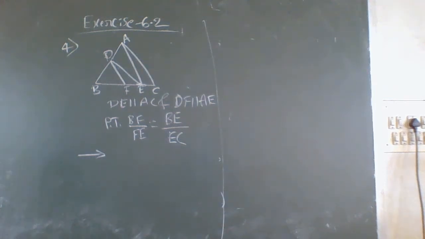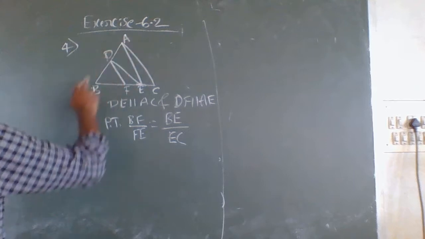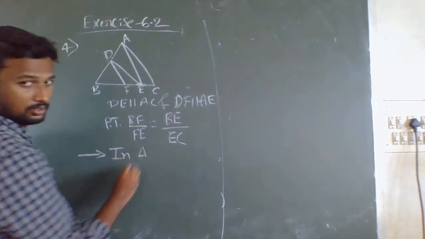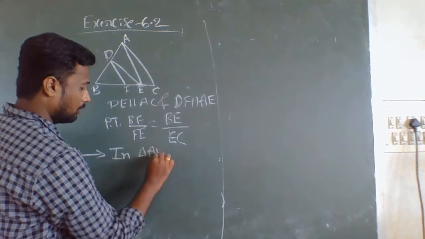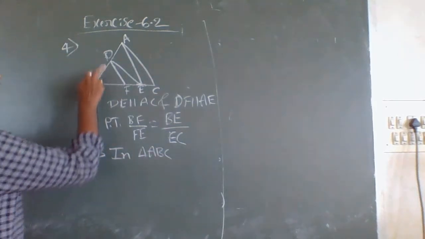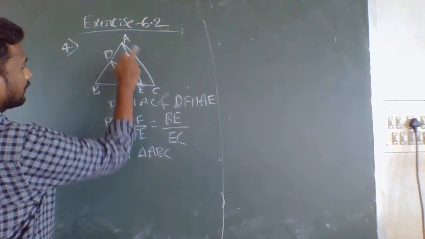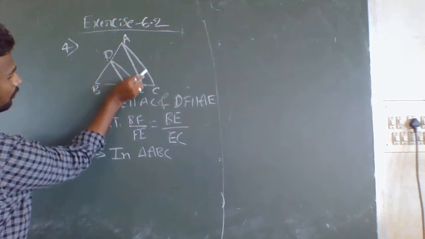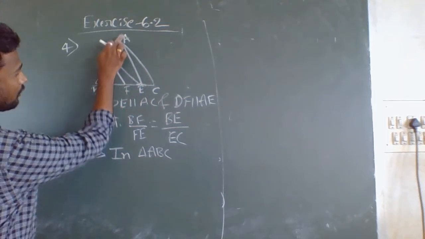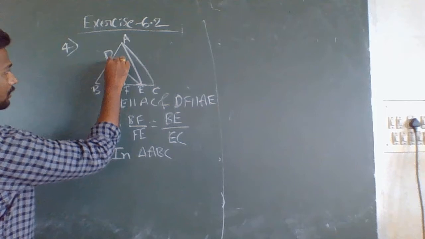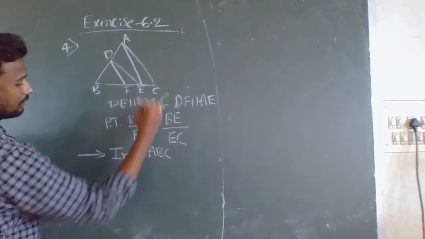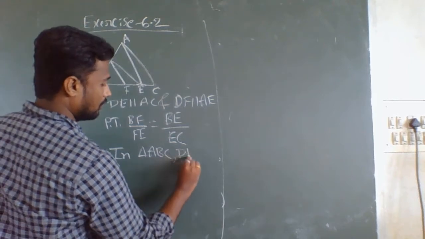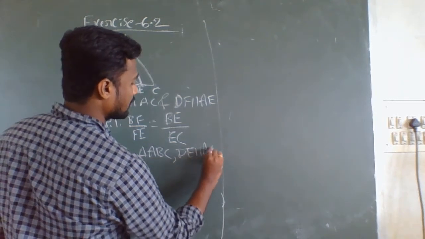in triangle ABC, this line DE is parallel to AC.